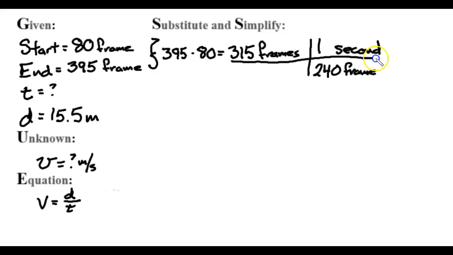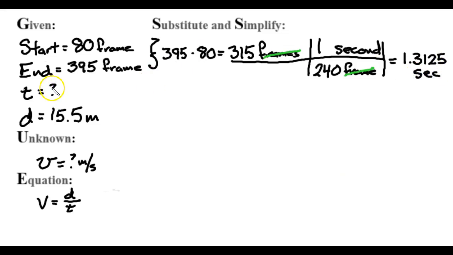Now I do this, I choose this ratio so that eventually the term frames can cancel with the term frames, leaving me in the unit seconds. When I do that math, I find that it took the train 1.3125 seconds.